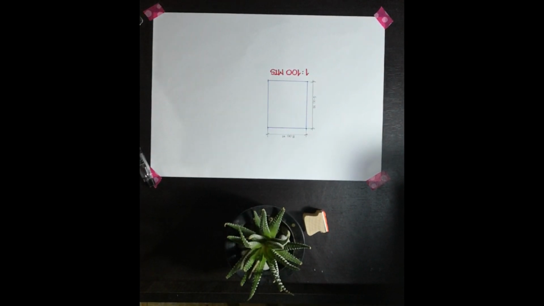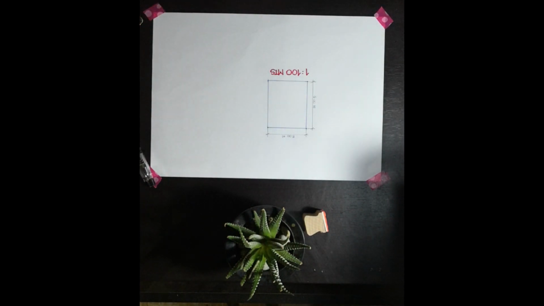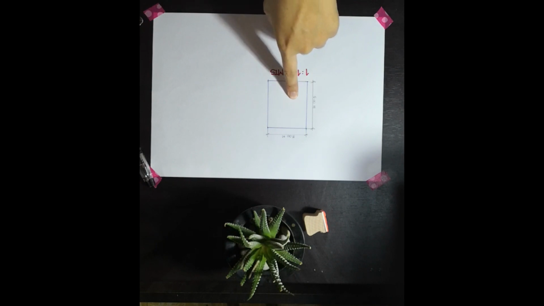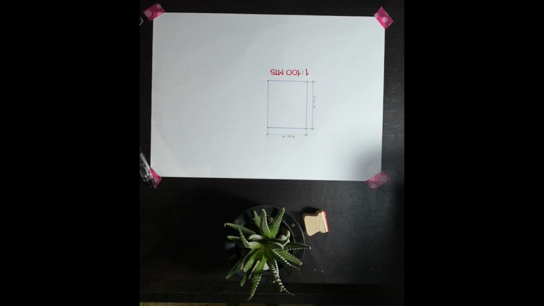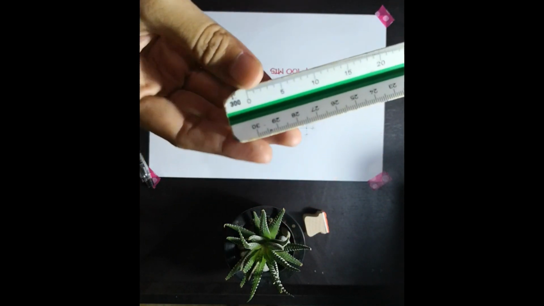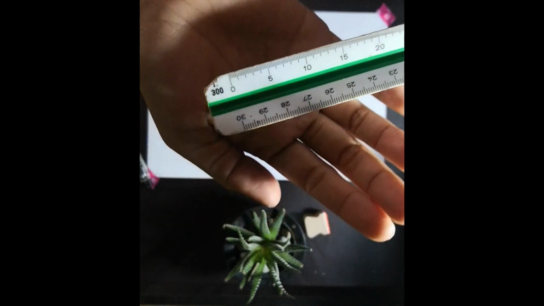So as of this time, I am using another scale but with the same measurement. So I am going to use 5 meters by 6 meters again, but now using 1:300 scale.